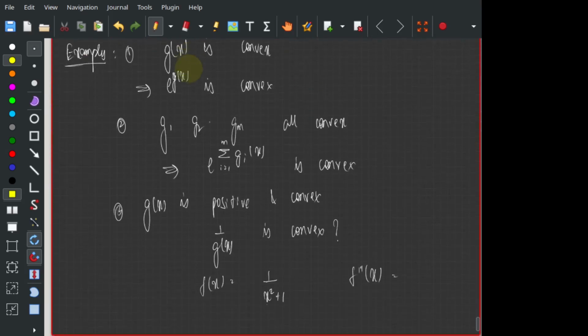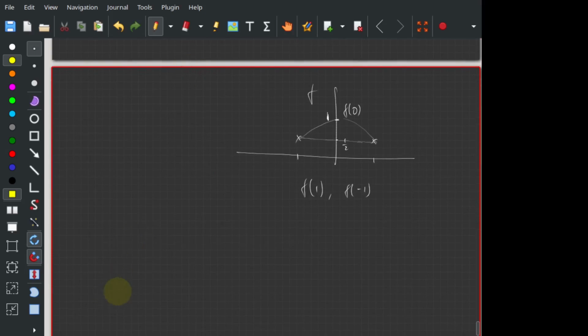So as an exercise, just using the properties that we've seen so far, verify whether the following function is convex or concave and under what situations: the sum over i equal to 1 to m of g_i of x to the power p. So just the p norm of a vector valued function of x.